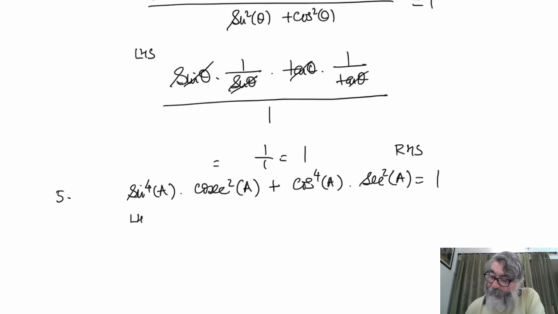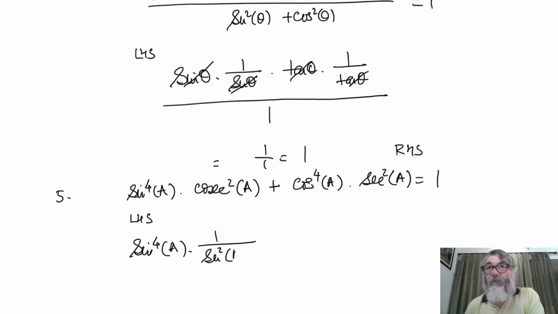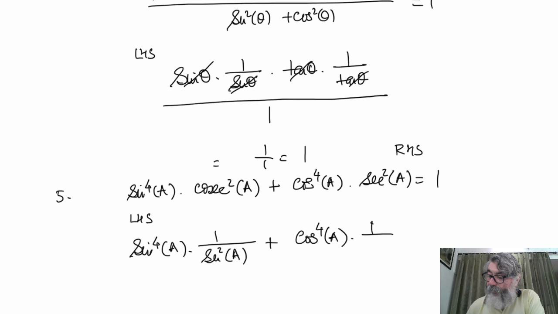Again, left hand side we'll take. Sine 4a, cosec is the reverse of sine, so it will become 1 upon sine square a, plus cos to the power 4a, and it will become 1 upon cos square a.